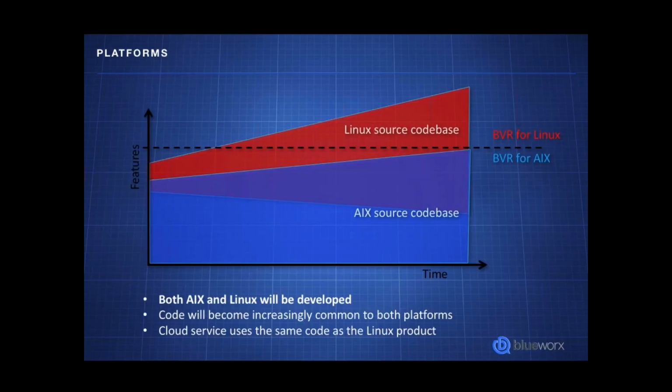Then over time, we've developed the Linux code base and backported that into the AIX code base. So you can see over time the AIX product continues to grow, and that's our plan. We're not abandoning the AIX product at all. The development that we do for Linux will benefit AIX and vice versa.